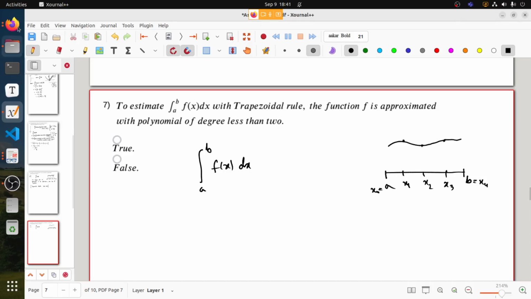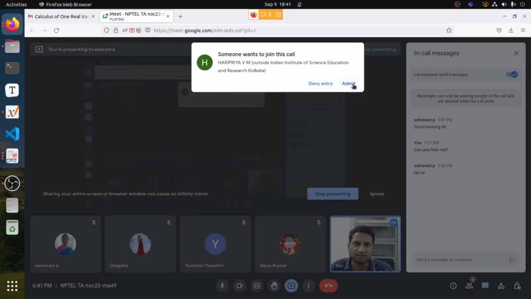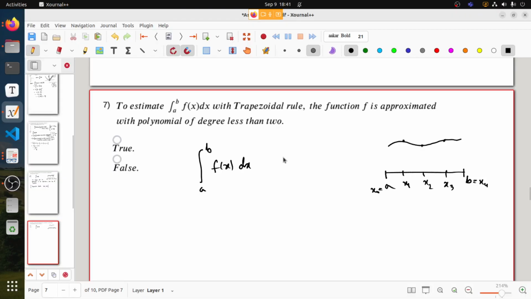Yes. So there you approximate the function by linear functions, means a 1 degree polynomial, right? A linear polynomial. So this is f. So you approximate for the trapezoidal rule.